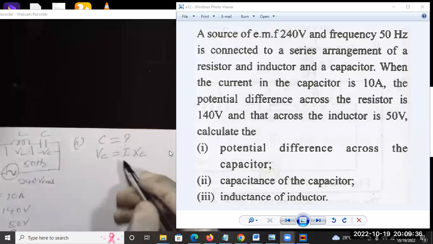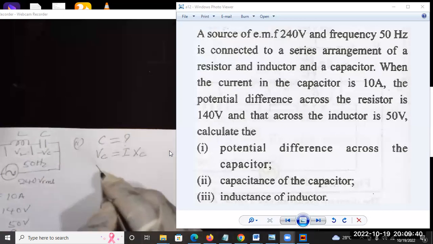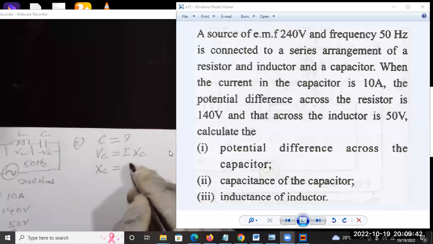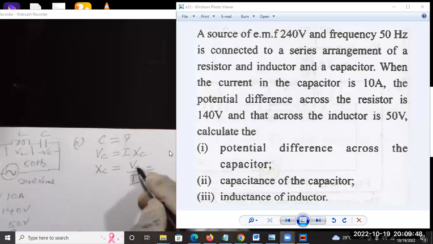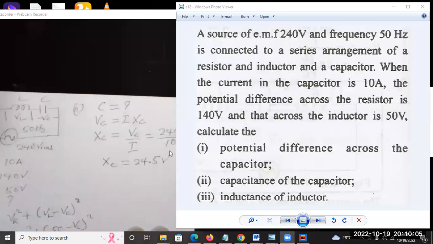Here we can make XC the subject of the formula, VC over I. We calculated VC to be 245, and I, the current, has been given as 10. When we divide that, that should give us 24.5 ohms.